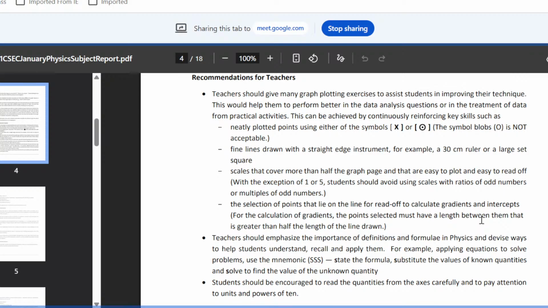You hardly ever get a graph where all the points are connected perfectly, right? So usually you have to draw a line of best fit where the points should be evenly distributed around that line. So you don't want it to be skewed.